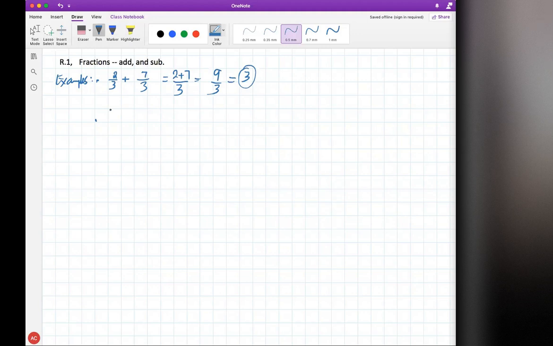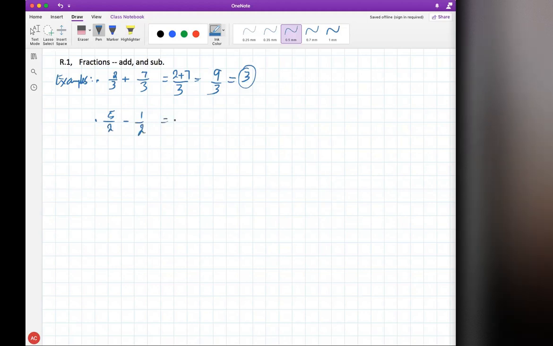Same thing applies to subtraction. They're almost identical in terms of the steps. The only difference is that instead of adding, we subtract. The other steps are identical. So 5 over 2, for example, minus 1/2.